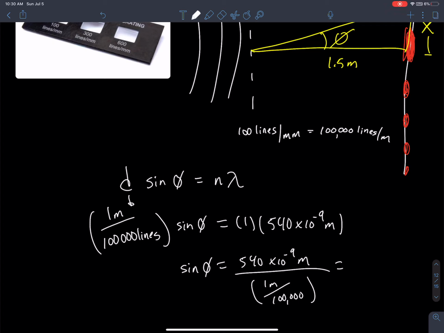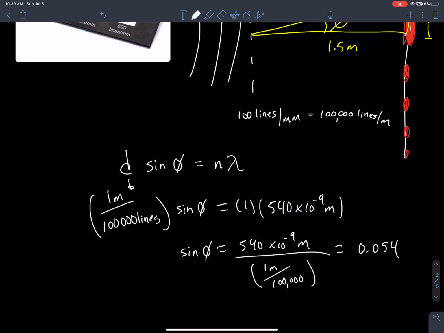So let's quickly do that. I'm sure that you guys can do this quicker than me. I'm using my iPhone calculator, that's why I'm having a hard time. So divided by that, it's going to be equal to 0.054.